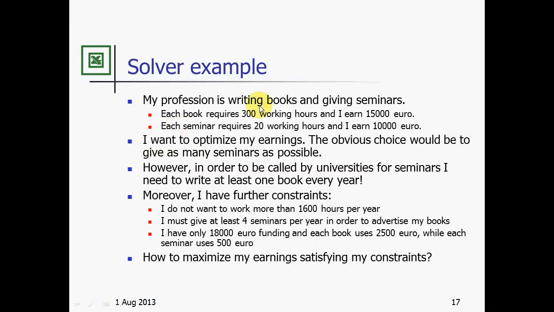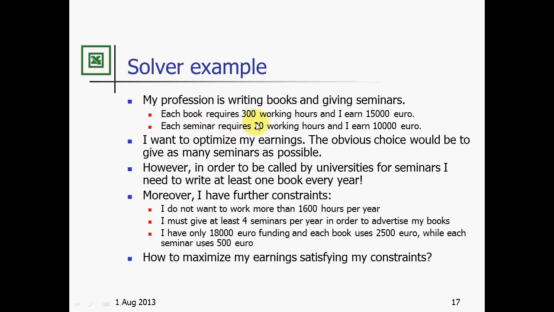In order to explain the usage of this Excel solver, we will use a brief example. Suppose you are a one-person business, so you are a professional, and you have two types of activities: writing books and giving seminars. Each book that you write requires more or less 300 working hours, and you earn 15,000 euros.